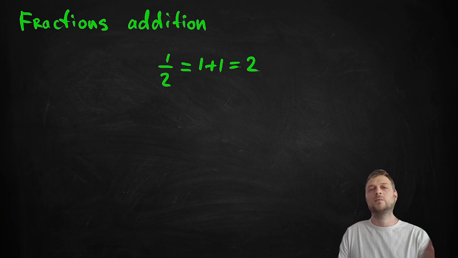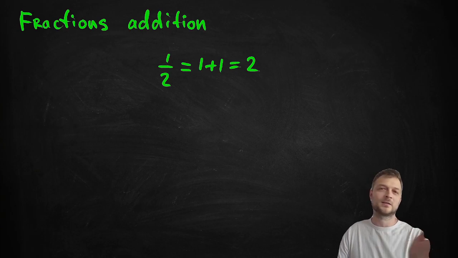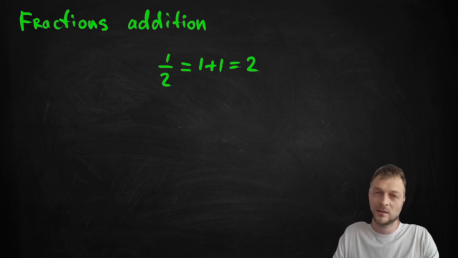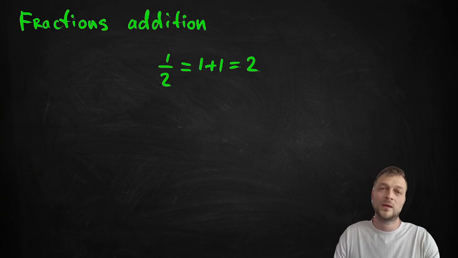So why do we prefer 2, and why not 1/2? If 1 is a special element, the multiplication identity, probably for other numbers we have something more reasonable.